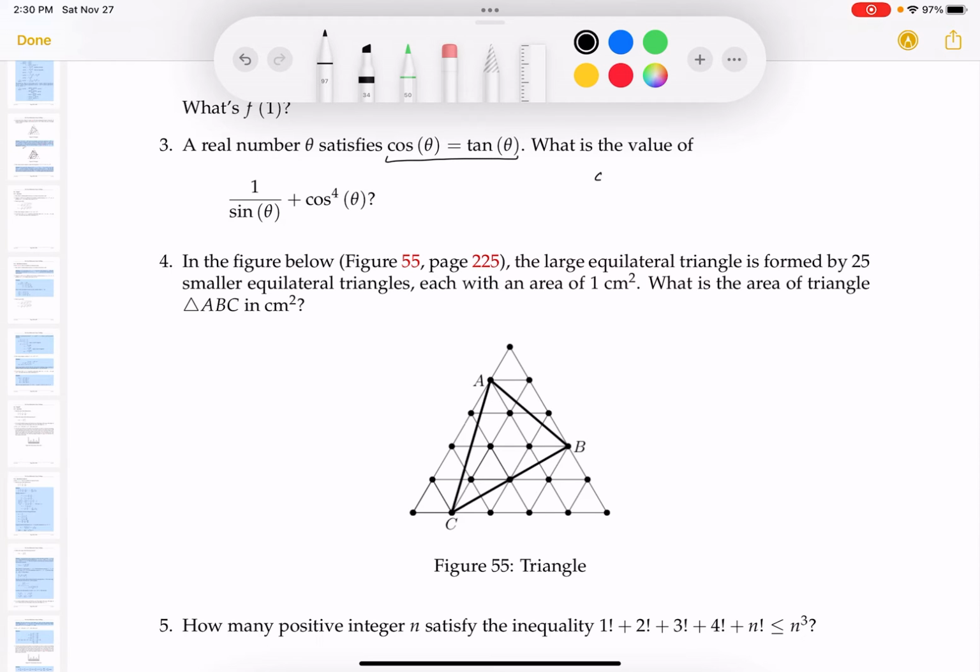And this is really cosine theta equals sine theta over cosine theta. And this really translates to cosine squared theta equals sine of theta.